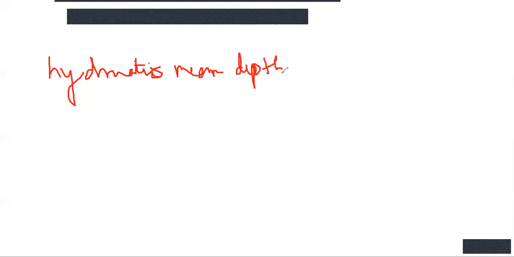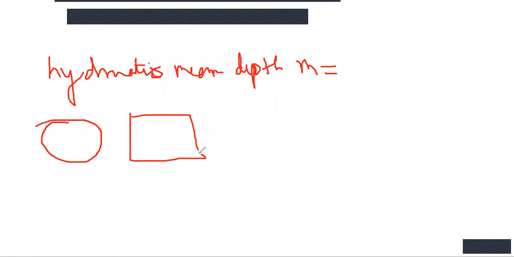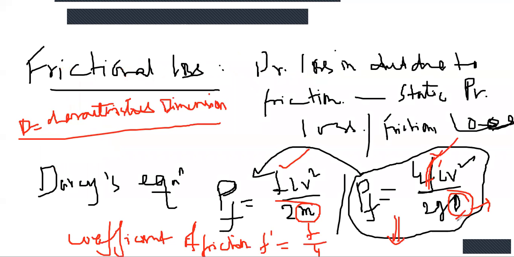Hydraulic mean depth, that is M. This is also the characteristic dimension for a duct. Because if we choose a circular duct, then D is the hydraulic mean depth, that is DH, sorry, M. If we choose a rectangular or an oval shape, how can we convert this D?